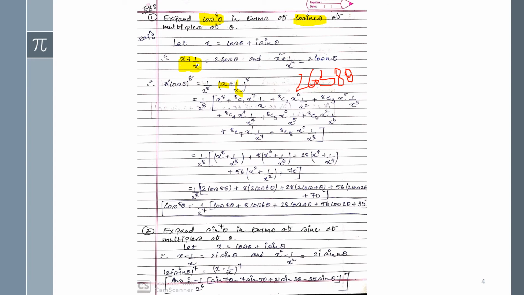So first I'm talking about the first term, that is the x term, so that will be decreased, that is, x raised to 8, then x raised to 7, x raised to 6, 5, 4, 3, 2, 1 and 0 power. Now next, the power of 1 upon x will be increased, so that will be 1 upon x whole raised to 0, then 1, 2, 3, 4, 5 up to 8.